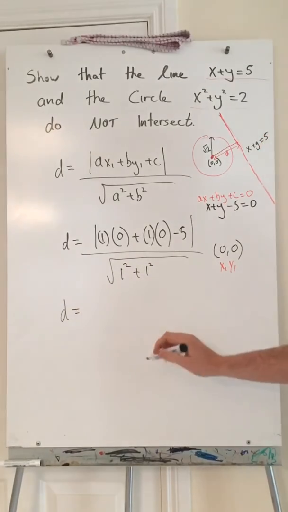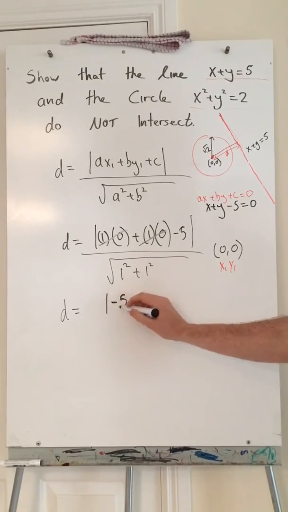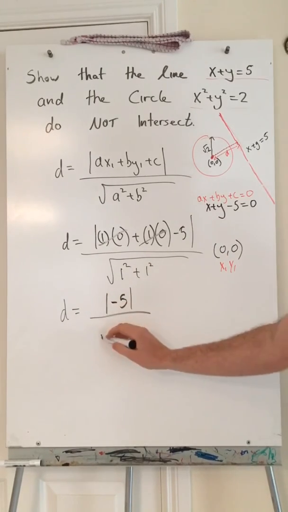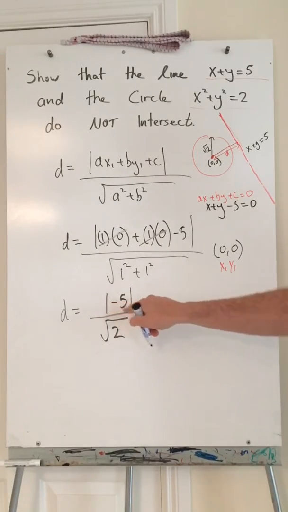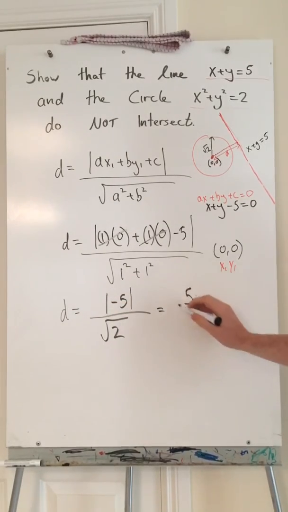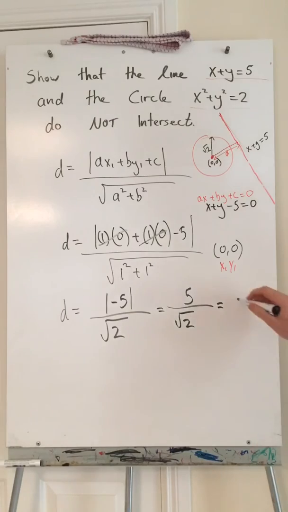So my distance now is equal to, that will go to 0, that will go to 0, the absolute value of minus 5 all over the square root of 2. And we now know that the absolute value means that we just ignore the minus, so that's 5 all over the square root of 2. And then I just put that into the calculator. 5 over root 2 is 3.5.